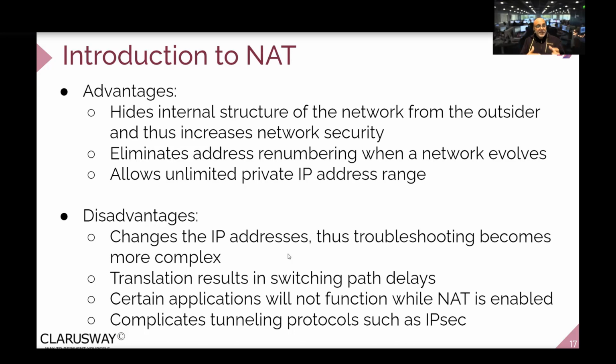Because my private network and your private network can have exactly the same IP address ranges, but because they're non-routable, I can overlap between your office and my office, or your home and my home. It's not going to matter. So now I can have essentially an infinite number of private IP addresses.